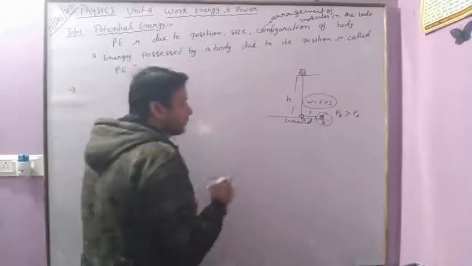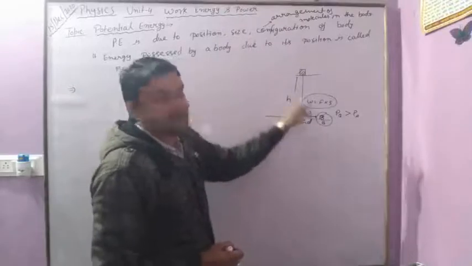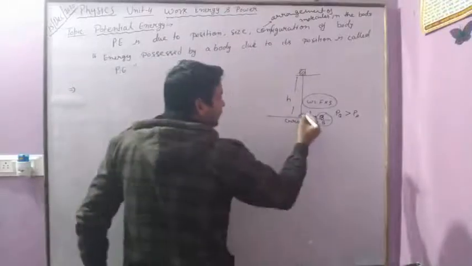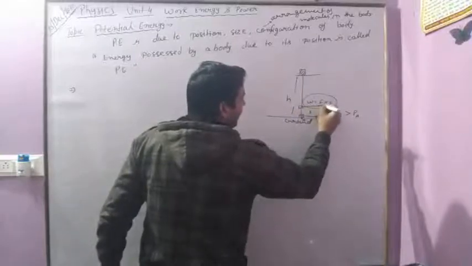That weight is due to the gravitational attraction of the mass of this body, which at every point is mg.